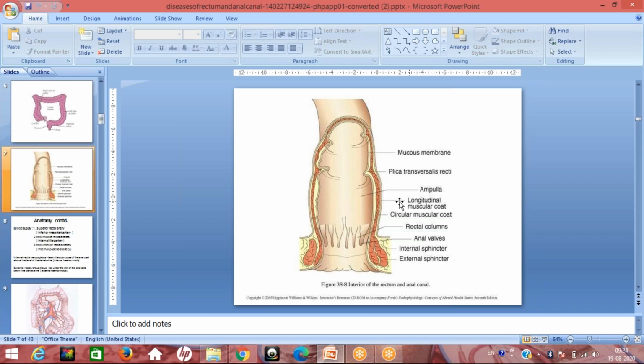A quick recap of the anatomy: these are the plica transversalis recti or the Houston valves. This is the location at which anal glands are located. These open distally through the anal crypts and rectal columns.